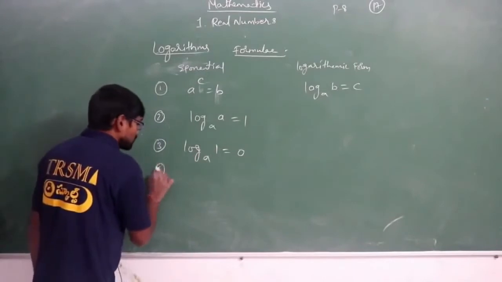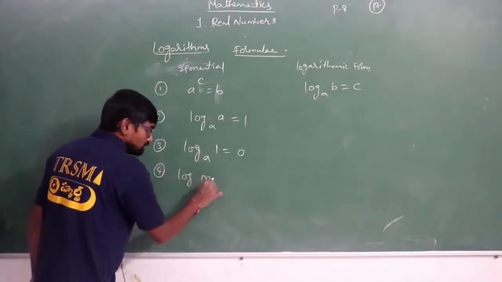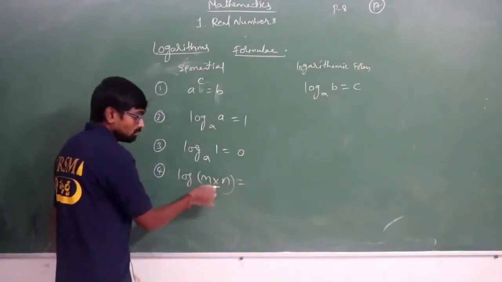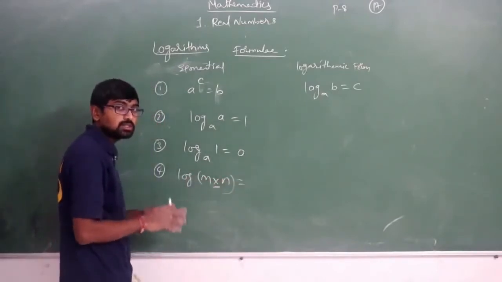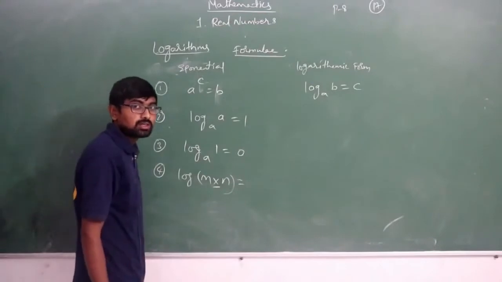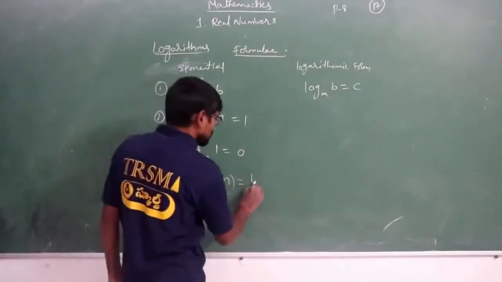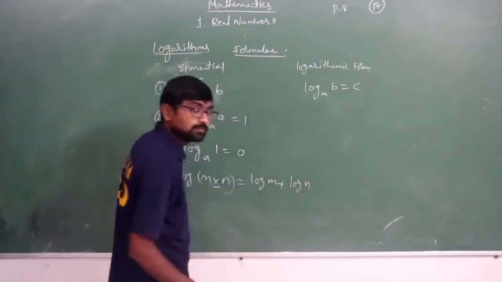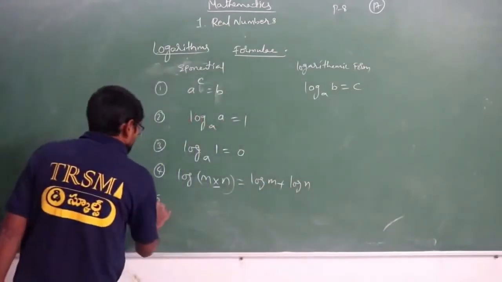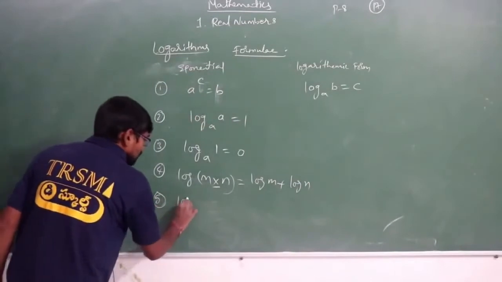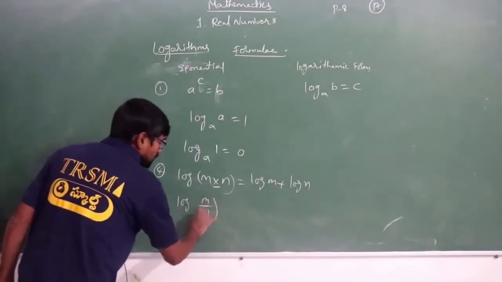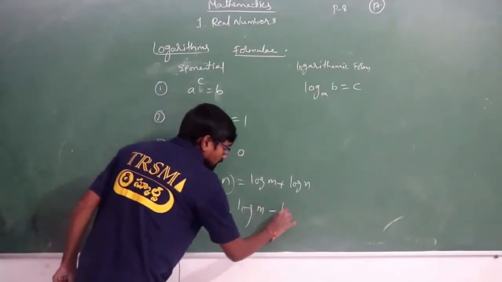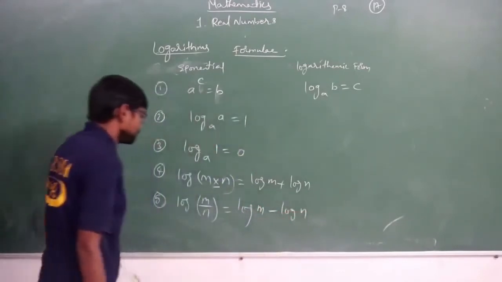Similarly fourth one, log m into n. If you get the multiplication symbol, then you can convert this into two logarithms, so log m plus log n. Similarly fifth one, log m divided by n is equal to log m minus log n.